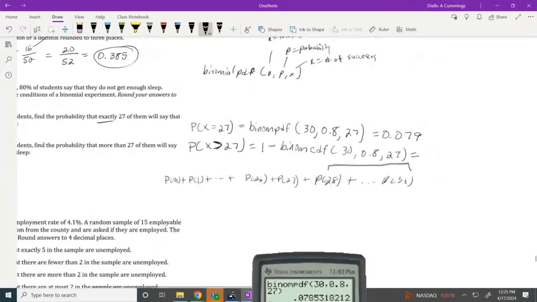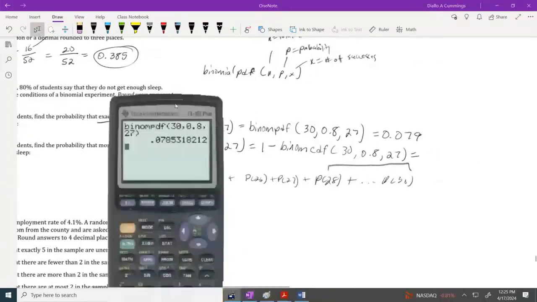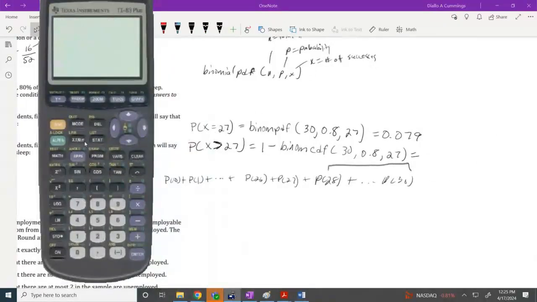So if I put that into the calculator, this is 1 minus the binomial CDF for 30, 0.8, 27, and we get 0.442.